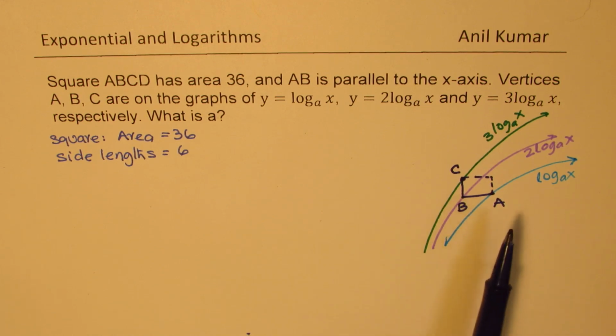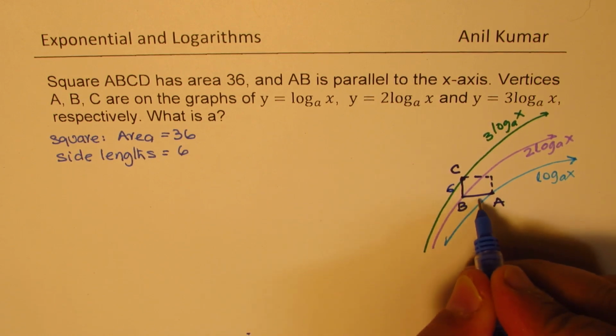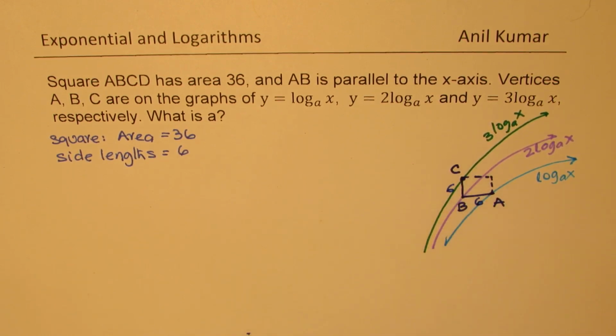Is that clear to you? So that becomes the situation. Each side here is 6 units. So this is 6 and that is also 6 units. Now that should help us to find the solution.